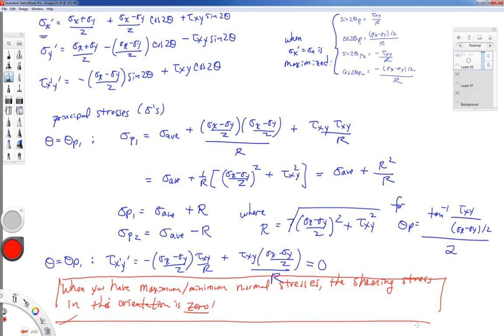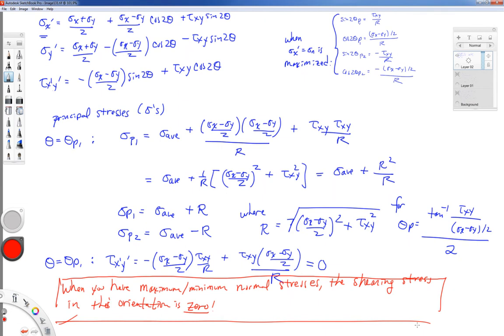All right, so we maximized our sigma x prime or our sigma n equation to find the biggest principal stresses. And you can imagine there is something called a failure criterion called the maximum principal stress theory of failure, where if your biggest principal stress exceeds the strength of the material, it will break.